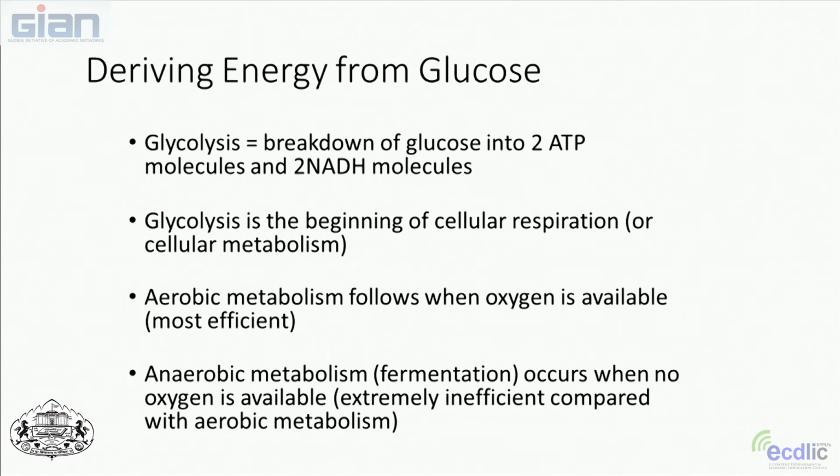Aerobic metabolism is when the body is using oxygen to do this process, and anaerobic metabolism occurs when no oxygen is being used. So the body is pretty clever in knowing if it needs energy and you don't have enough oxygen, to switch to this anaerobic metabolism.